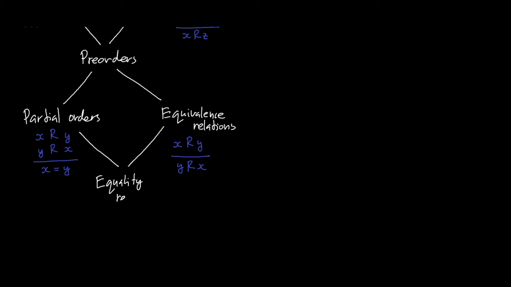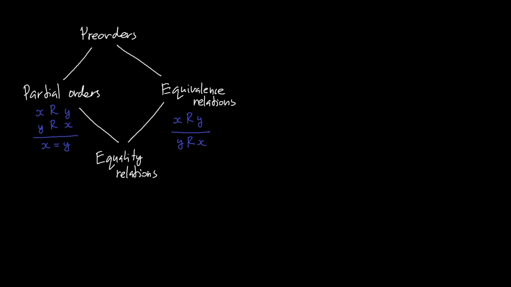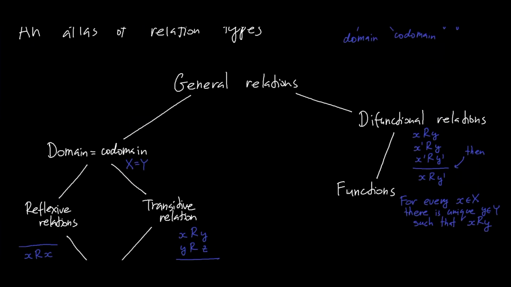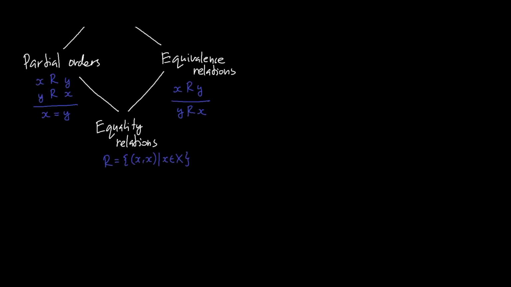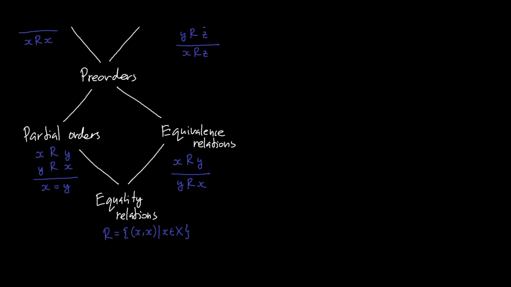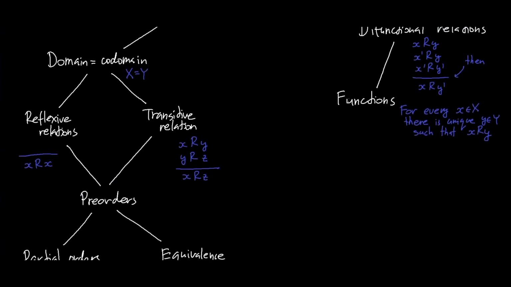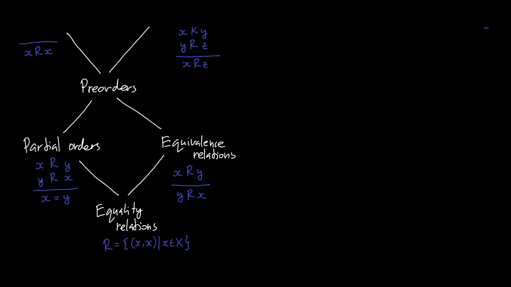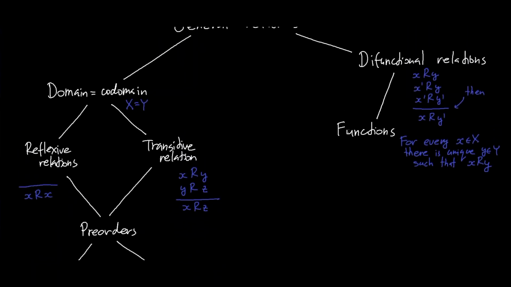These are basically relations where R equals the set of ordered pairs XX. Remember, we're now working under the branch where the domain and the codomain are the same. So I don't have to write Y there because it's the same as X. Okay, so we get this nice picture on the left side of important types of relations.